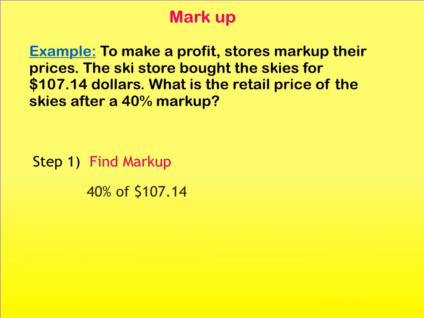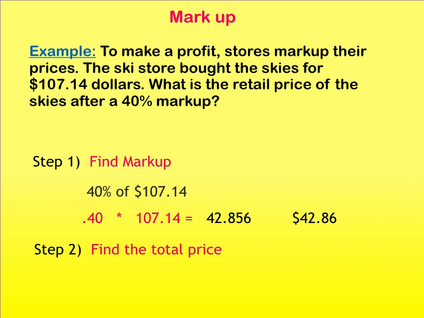So 40% of $107.14, we find out that the markup is going to be $42.86. Now we add that to the $107.14, and we get that the skis are being sold at $150.